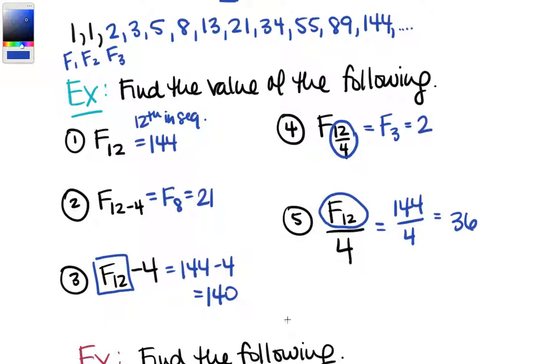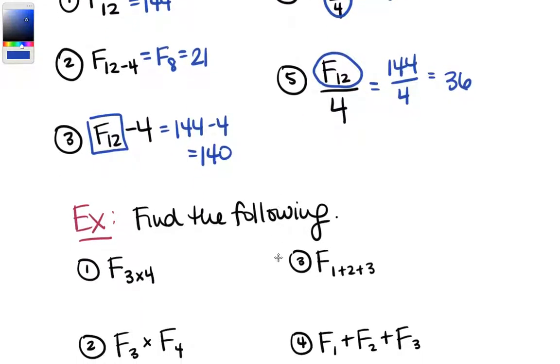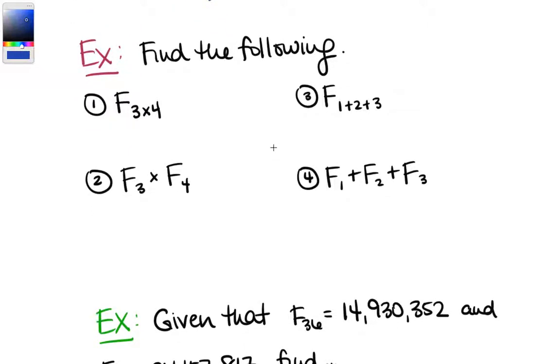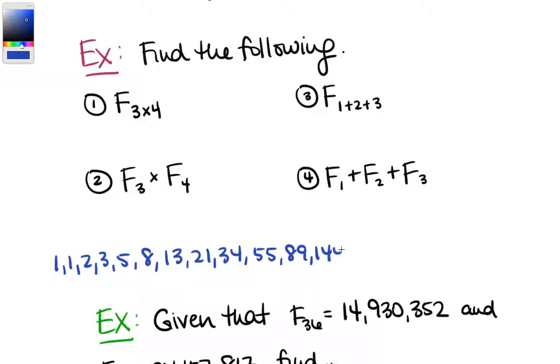Okay, let's go ahead and do another example, which is a little bit similar. Let's remind ourselves of the sequence down here: 1, 1, 2, 3, 5, 8, 13, 21, 34, 55, 89, 144, and it keeps going, but we don't need to go that far.